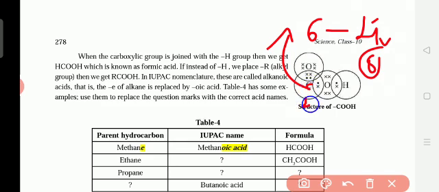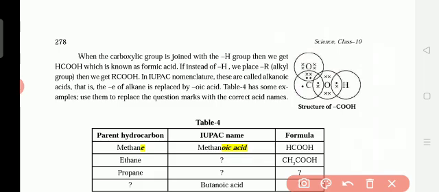Carbon has 4, but it needs 4 more electrons. So this carbon is attached to the oxygen with the double bond. One single line shares 1 electron, and 2 lines means 2 electrons it is sharing. So this oxygen will share 2 electrons with the carbon. That is why we see here a double bond.